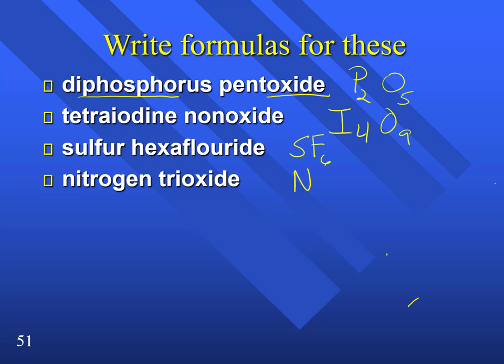Nitrogen, N, tri. That doesn't mean to give it a shot. Trioxide means 3 oxygens, right? Okay. Notice it's not nitrate. Nitrate has a charge when it does this. Right? Nitrate is NO3 with a 1 minus charge. It's not an ion unless it has a charge.